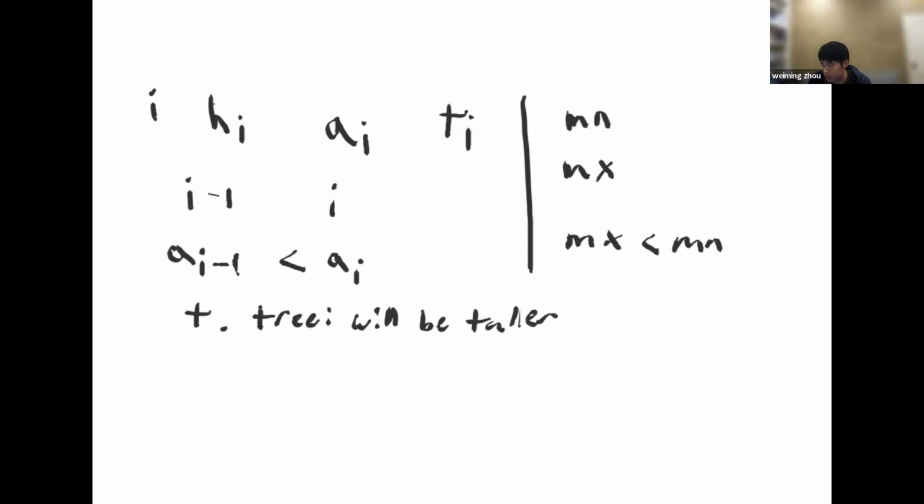And what this means is that the moment tree I grows taller than tree I minus one, after that it's impossible for us to have all the trees sorted in decreasing order, since H of I minus one will have to be less than H of I. But we need H of I minus one to be greater than H of I. So after this point in time, it's impossible for the trees to be sorted in decreasing order.